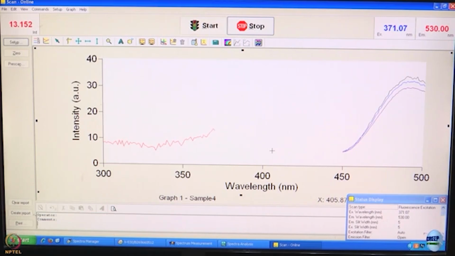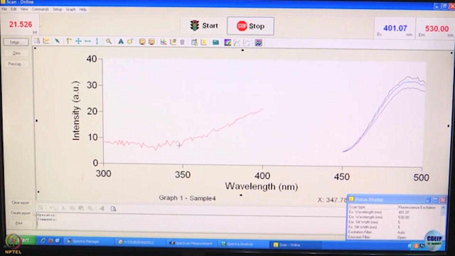And for an absolutely pure sample, or for a sample in which the ground state is absolutely homogeneous, we are going to get a situation where the excitation spectrum should exactly match the absorption spectrum, because for dilute samples especially, you can simplify the expression 1 minus 10 to the power minus A, and you will see that emission intensity is going to depend linearly on absorbance.